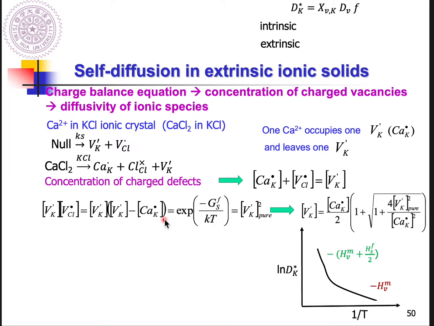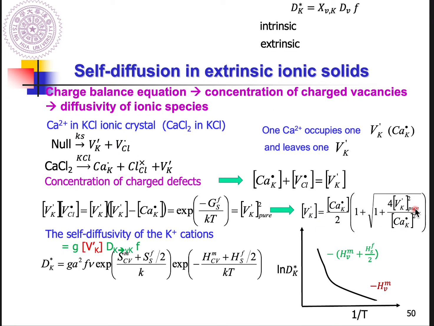So we got this equation and solve for V_K. The vacancy fraction at the potassium site can be expressed like this. Based on these results, as long as we know this, we can formulate the self-diffusivity of potassium in these doped ionic materials.